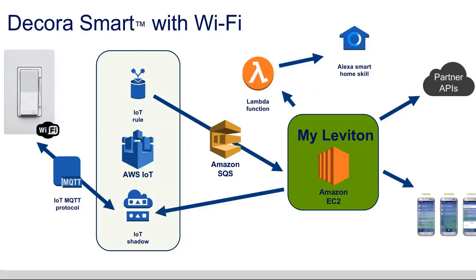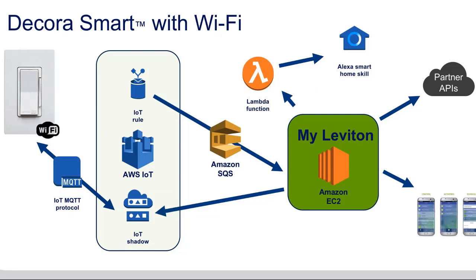The other side of that is what happens when you go up and touch the wall switch and manually activate it, turn it on, turn it off, dim it to a level. Now a message comes up and hits the IoT shadow. Once that happens, we're flowing up into the rules engine, and we have a series of rules to accomplish different tasks. But in this example, we pipe that information into an AWS SQS queue, which is one of the message queuing services available through AWS.